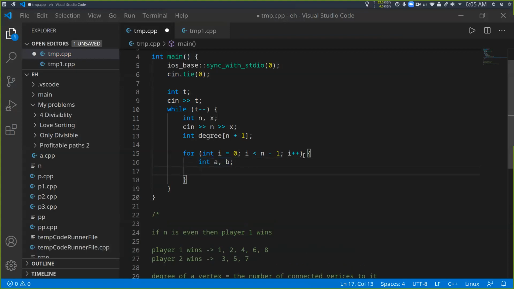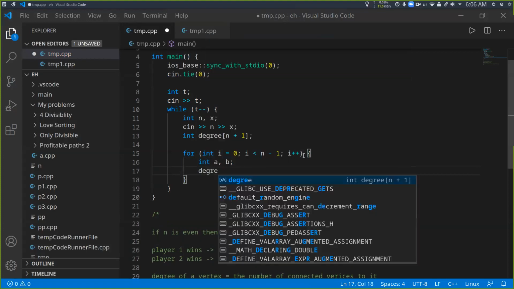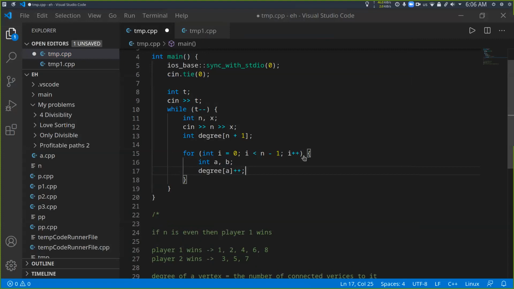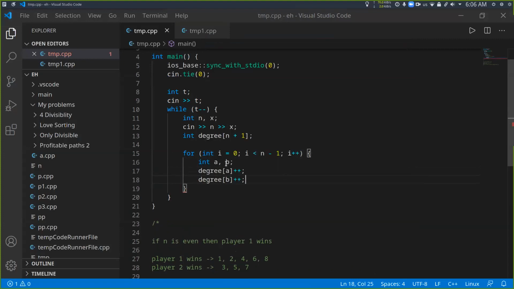How will we connect them? We will just increase the degree of each of them: degree of a plus plus and degree of b plus plus. That's it. Because a is connected to b, degree of a will be increased by 1 and degree of b will be increased by 1. I want to initialize this with 0, of course.